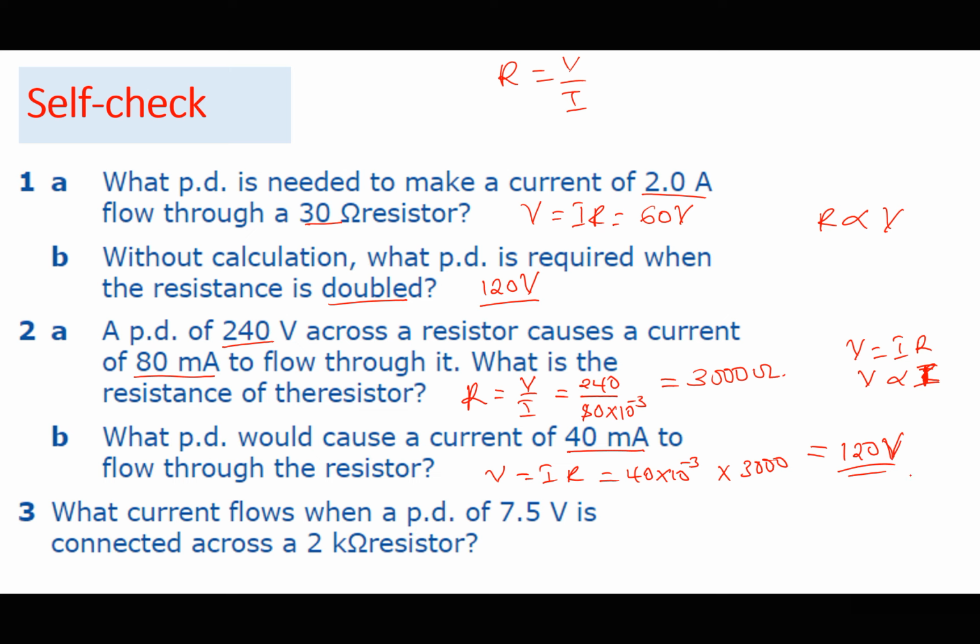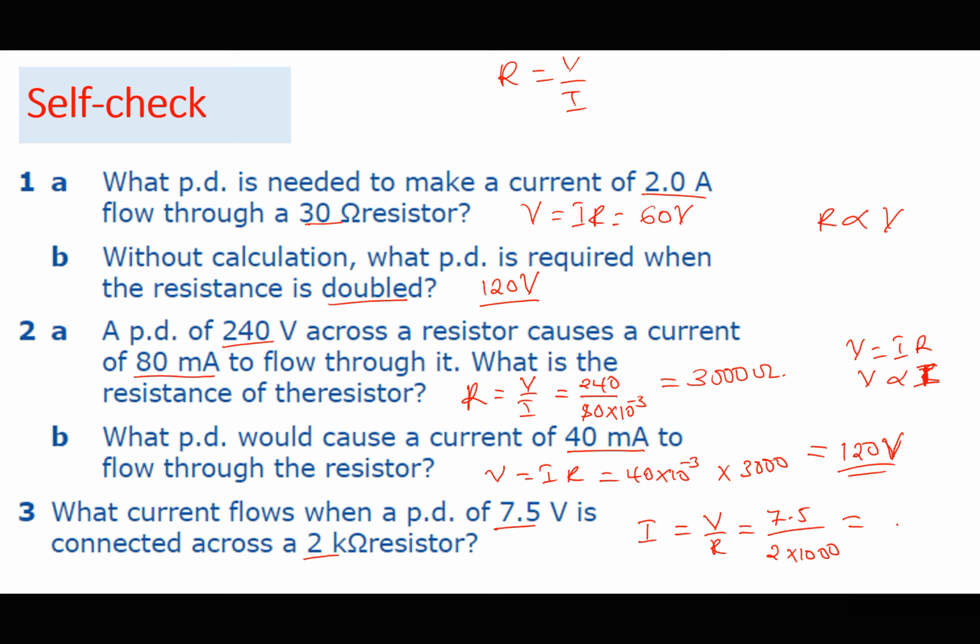What current flows when a PD of 7.5 volts is connected across a 2 kilo ohm resistor? So we want current, making current the subject. Current is going to be V over R. So V is 7.5 divided by R, which is 2 kilo ohms. So that is 2 times 1000 to change it to just ohms.